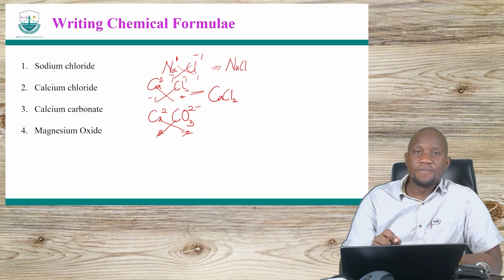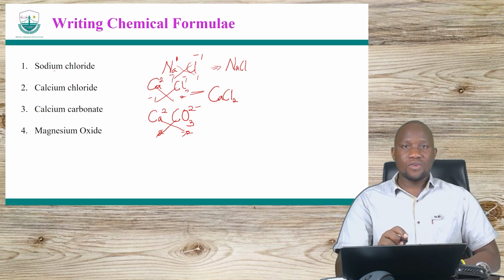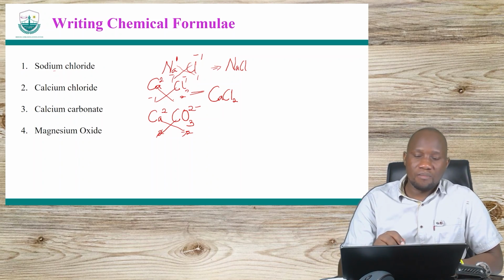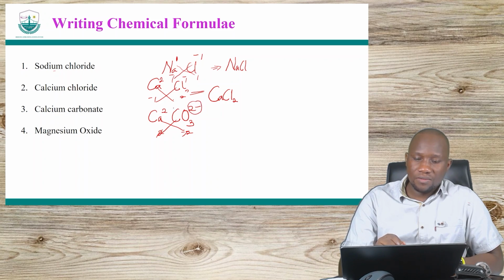The point is that the charges should actually balance. This one is negative, and then this one positive. For these to balance, for every calcium cation, it has to combine with a carbonate anion.